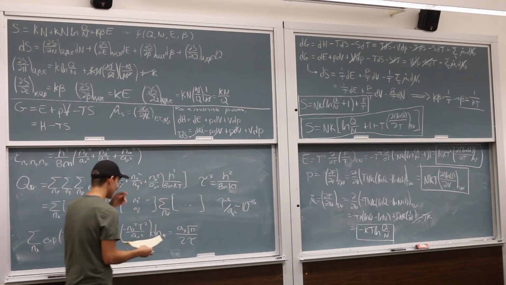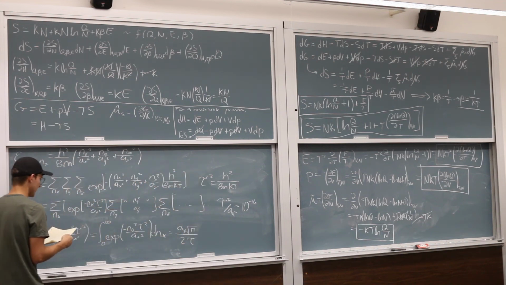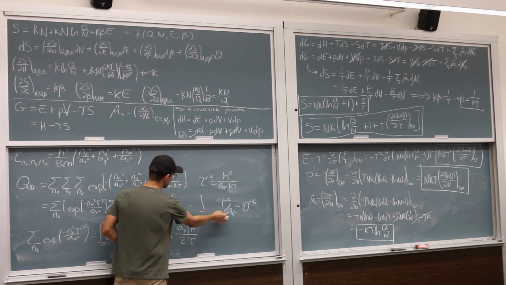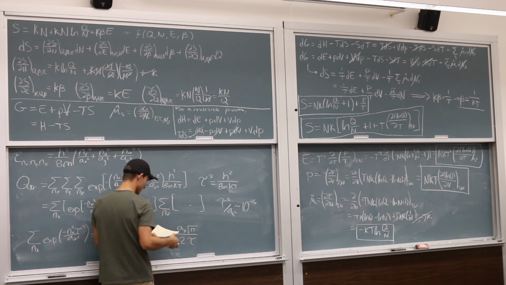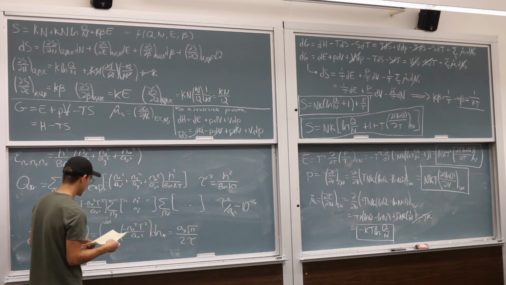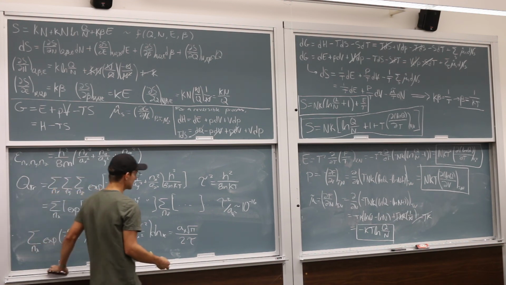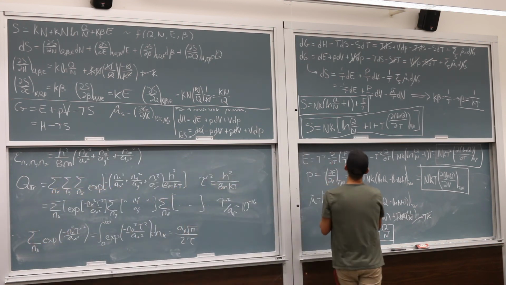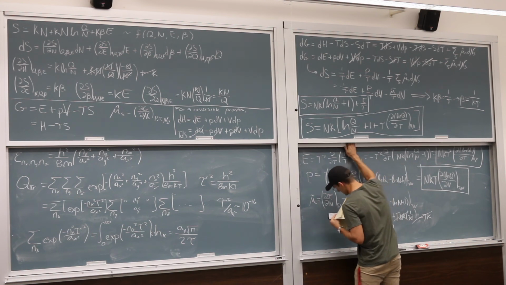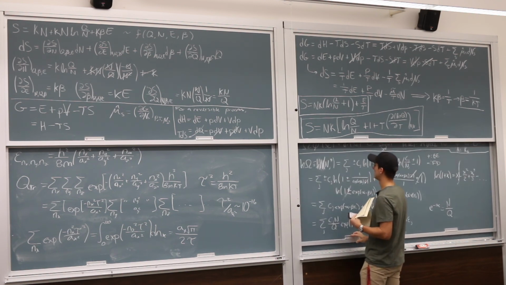Okay, so this is just like your pi over a. Since we have a tau squared over a squared here, when we take the square root, we get whole values there. Okay, so then we can rewrite our translational partition function like this.